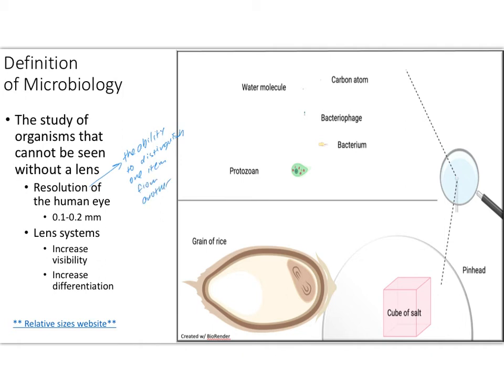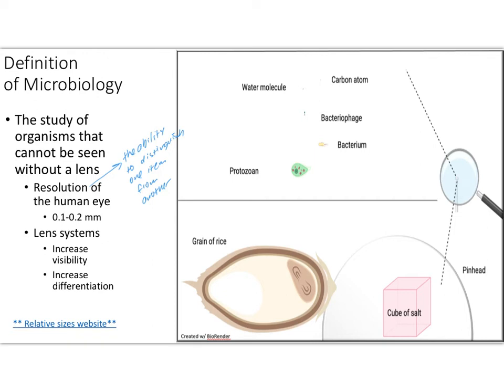So when we say the human eye is capable of resolving objects that are larger than about 0.1 to 0.2 millimeters, we mean not only are we capable of seeing it, but we're capable of distinguishing two objects from each other.